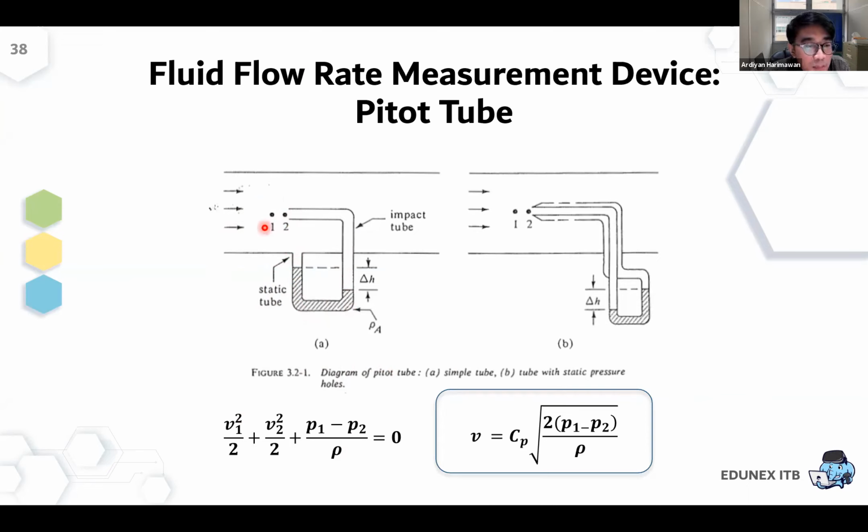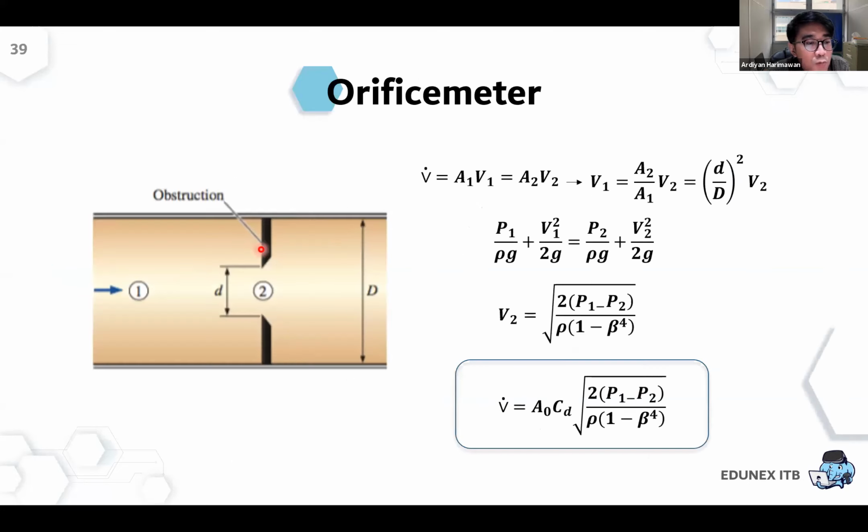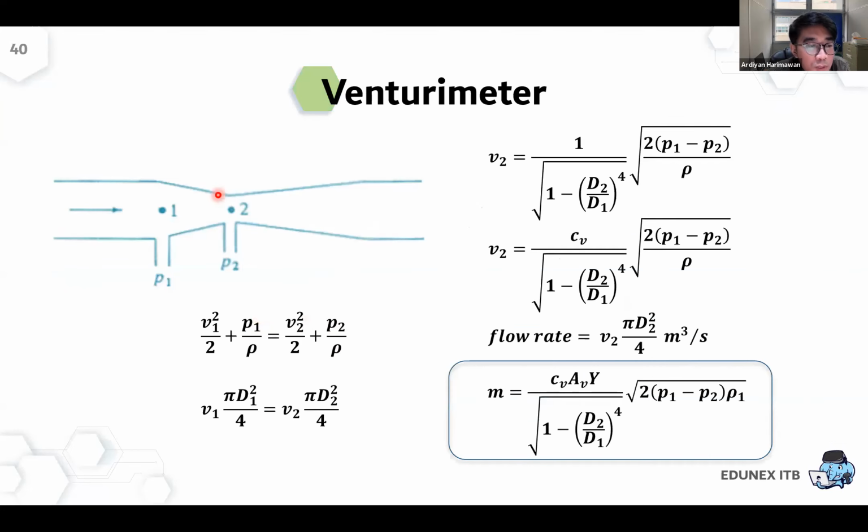Because in the pitot tube, for example, you change the velocity, right? At point 1 it will decrease to 0 at point 2. Same with the orifice. At point 2, the velocity will increase since you have a small opening. It also happens with the venturi. At point 2, the velocity will increase.